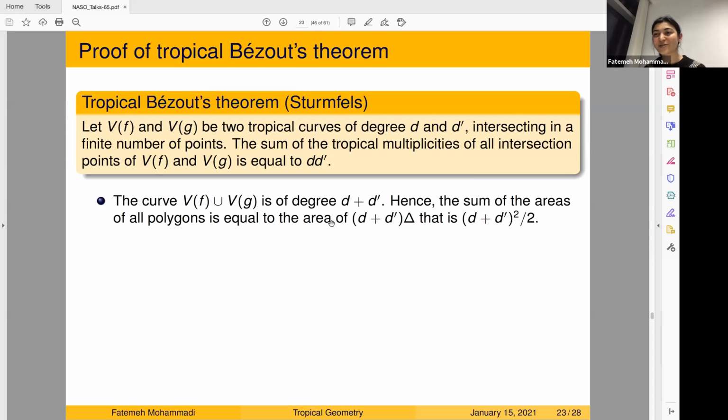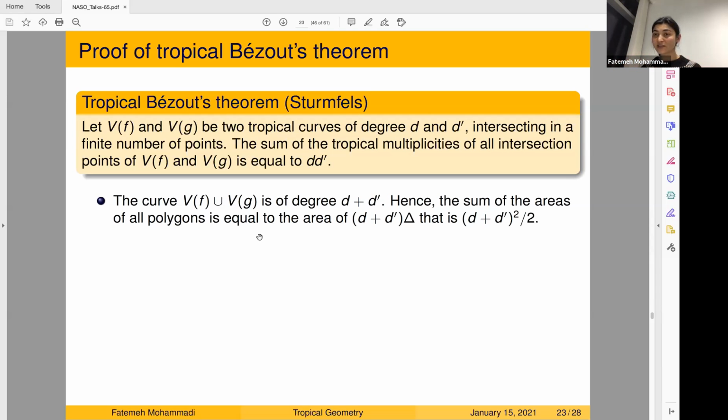Sorry, I wasn't sure what you asked. I was curious about the proof itself. Okay, the proof. So whenever you have 2 polynomials and you look at the union of their curves, that curve corresponds to the degree d plus d prime polynomial, which is the tropicalization of f times g.